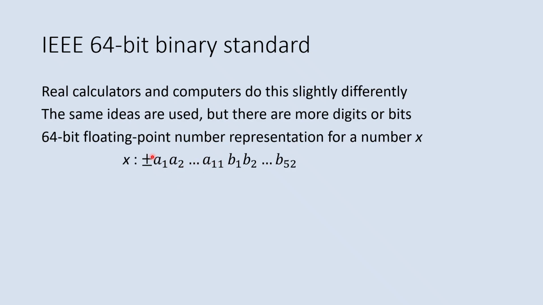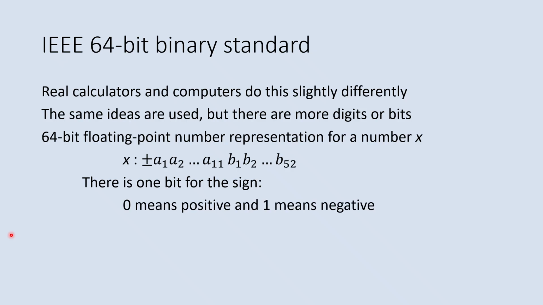These are just binary values, bits, zeros and ones. And then there are 52 values that we're going to call the B portion of things, and we'll describe in just a second what those mean. But this is all just one number.